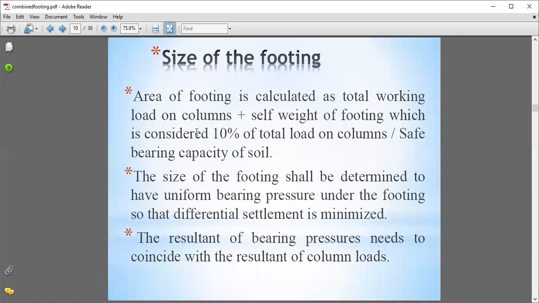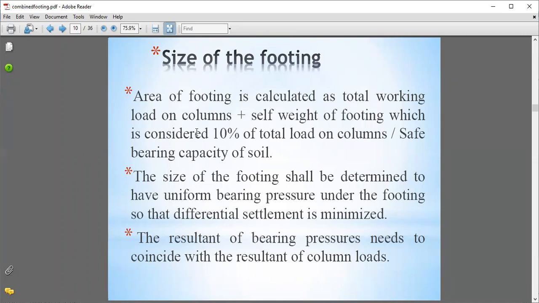For calculation of the size of footing, the size shall be determined to have uniform bearing pressure under the footing, so that differential settlement is minimized. The resultant of bearing pressure needs to coincide with the resultant of the column loads. यामध्ये जे काही पूर्ण बेअरिंग प्रेशर असणार आहे, टोटल लोड जो असणार आहे सोईलचा, जो की टोटल लोड ऑफ द स्ट्रक्चर दॅट विल बी कम अंडर द सोईल.